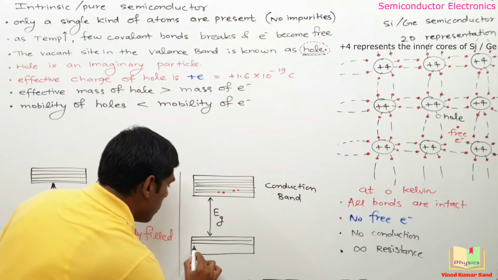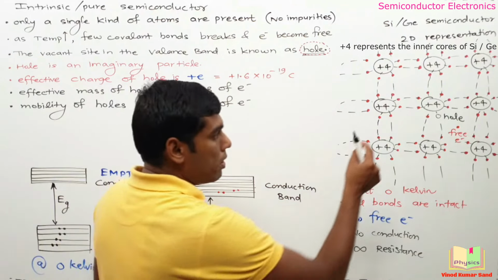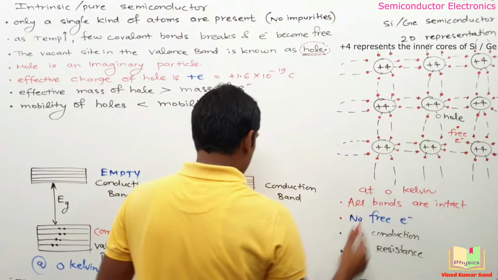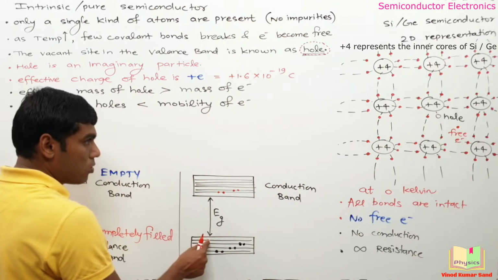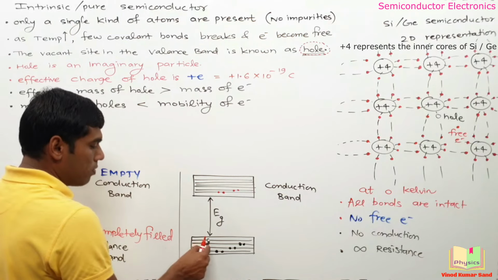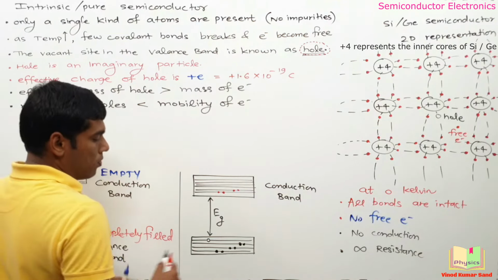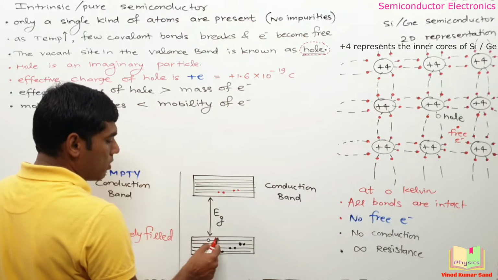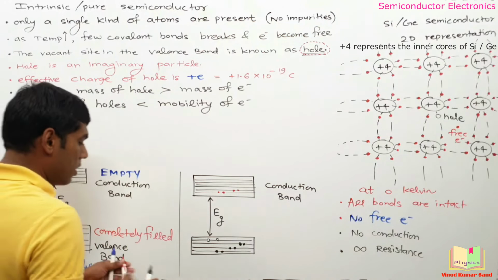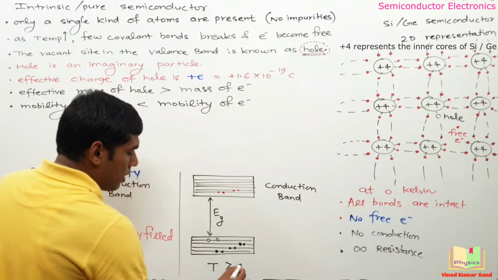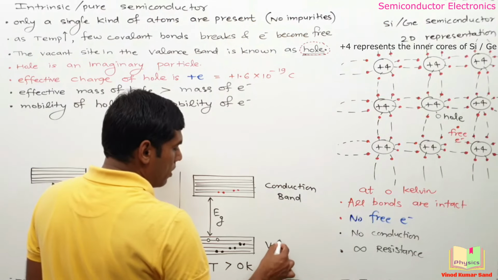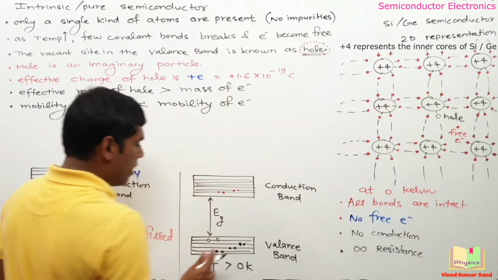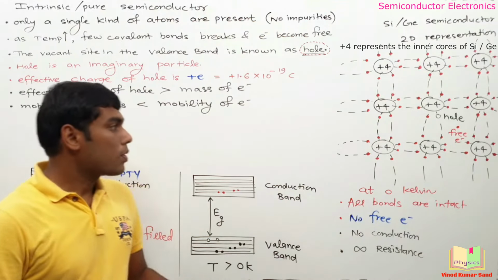In the valence band, there will be few holes present. Where the bonds are broken, there we will get the holes. So here is a hole. There could be more holes. It's a simple representation. When the temperature is more than 0 Kelvin, the valence band has few bonded electrons and there are few holes.